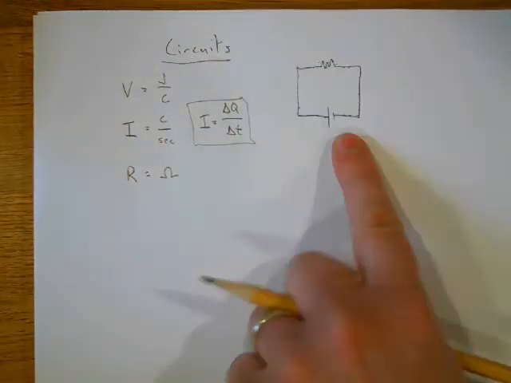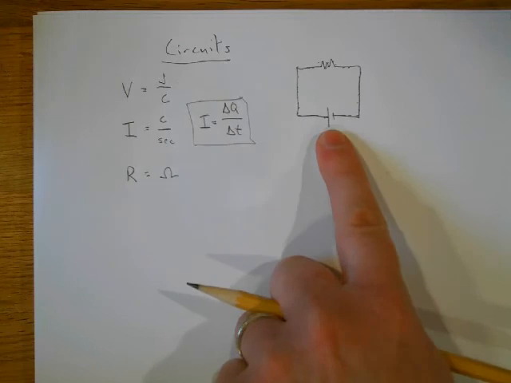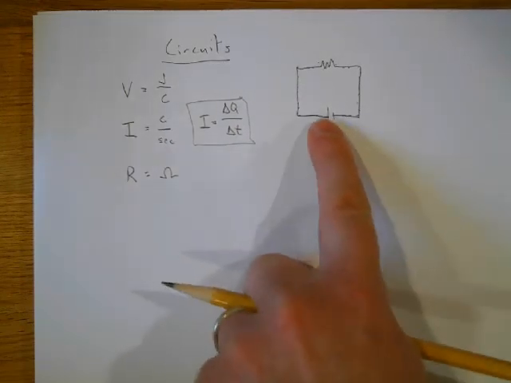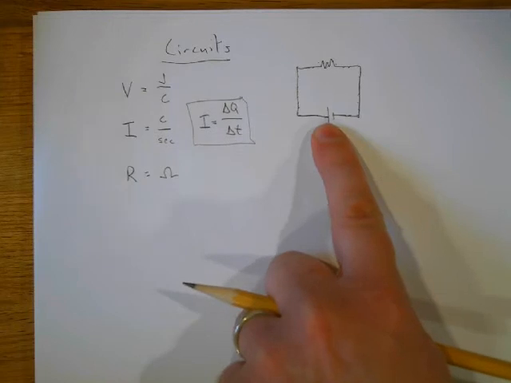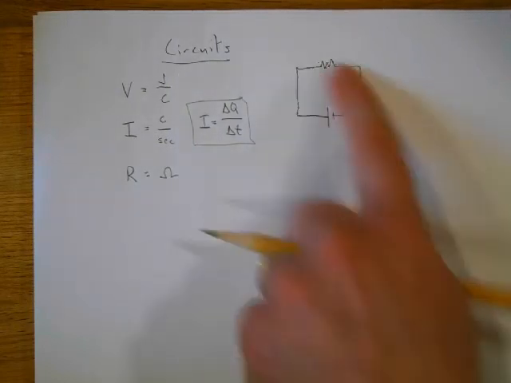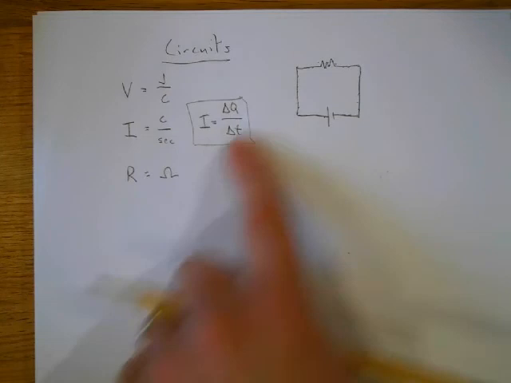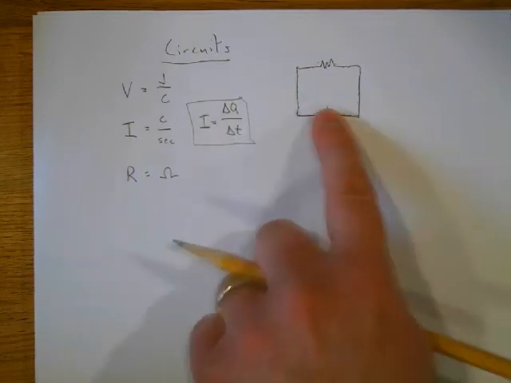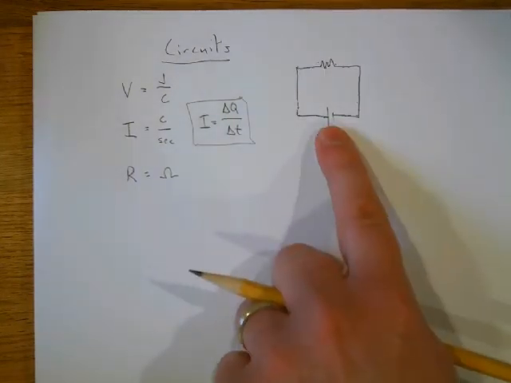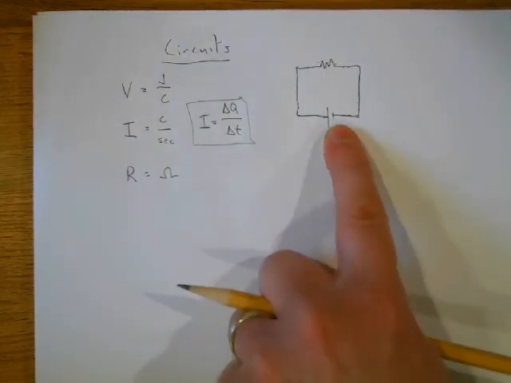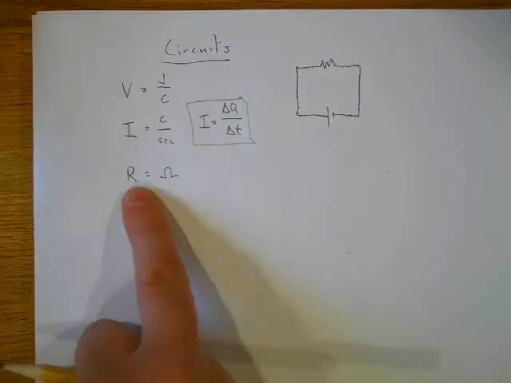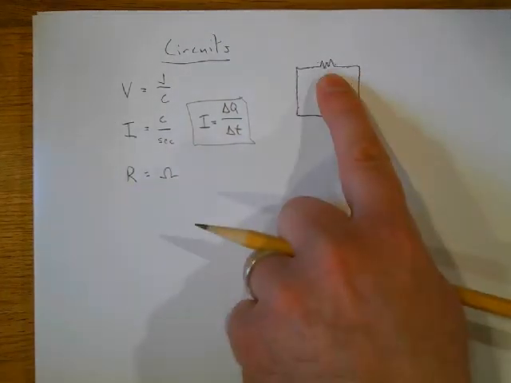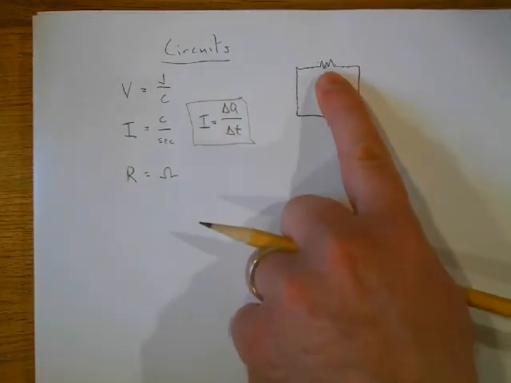But remember, the charges are already there. All the battery does, or your power supply does, is supply energy to move the charges that are already in the wires. How fast those charges move, which is really the current, this charge per time, is dependent on the potential difference, but it also depends on the resistance in your circuit.